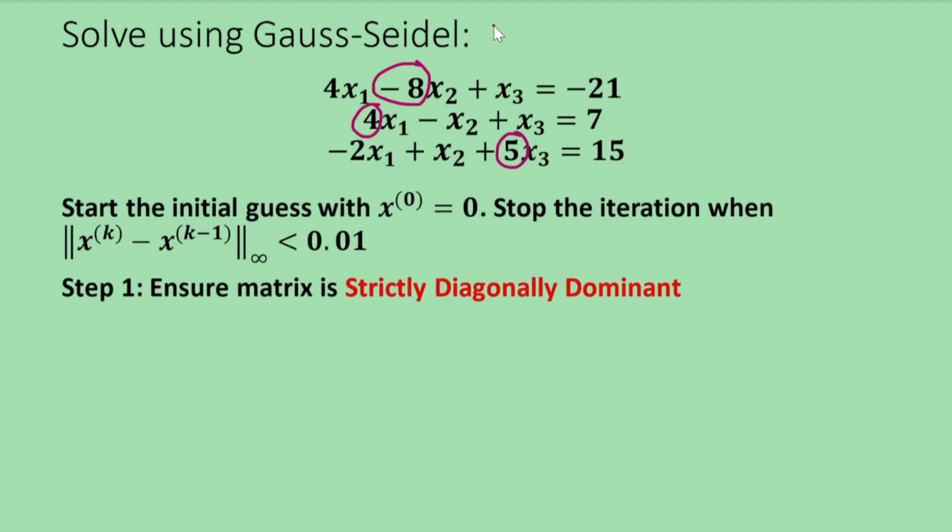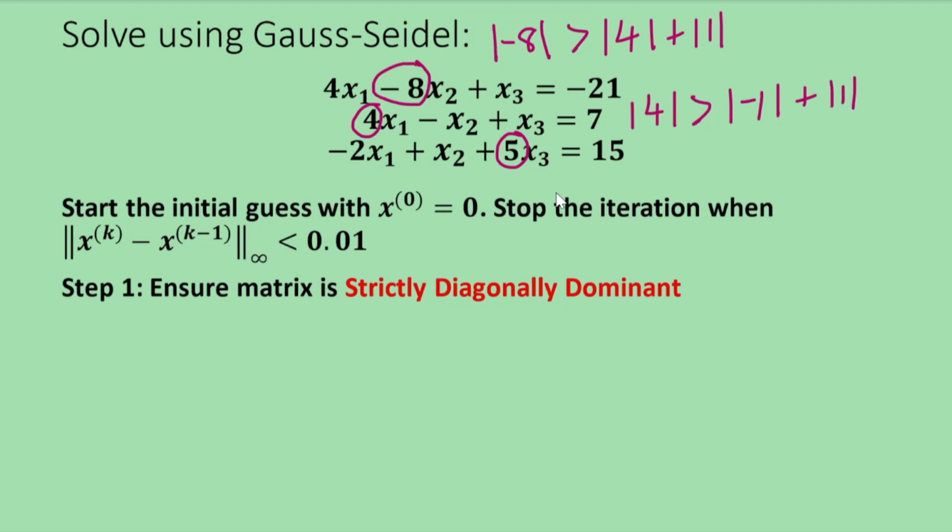So the magnitude of negative 8, which is 8, is greater than 4 plus 1, which is true. And 4 is greater than 1 plus 1, and this is also true. So we need to switch row 2 to row 1 and row 1 to row 2 to get a strictly diagonally dominant matrix.